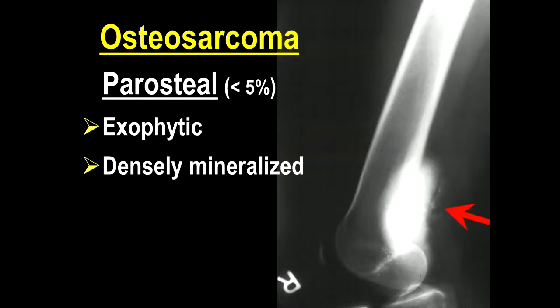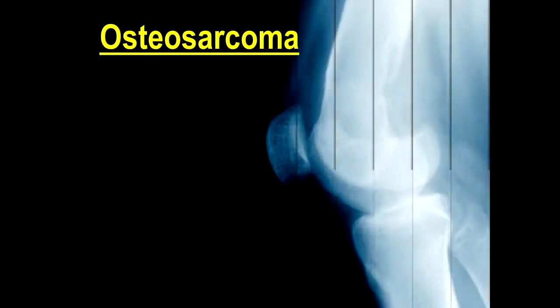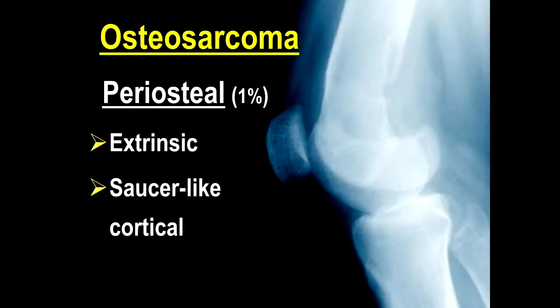Here, another example of a parosteal osteosarcoma. It's exophytic and densely mineralized. Even less common than the parosteal osteosarcoma is the periosteal osteosarcoma, classically seen as an extrinsic lesion with saucer-like cortical erosion and may not have abundant visible radiographic mineralization.